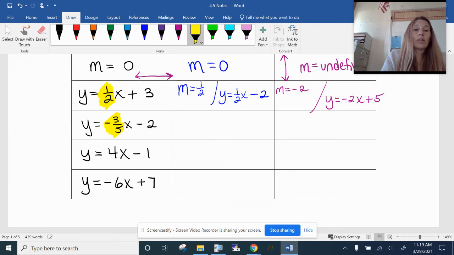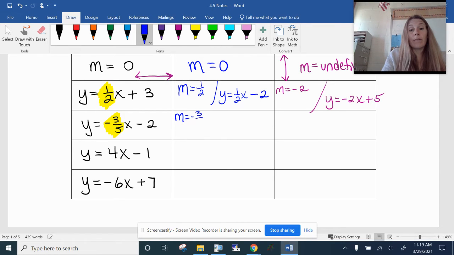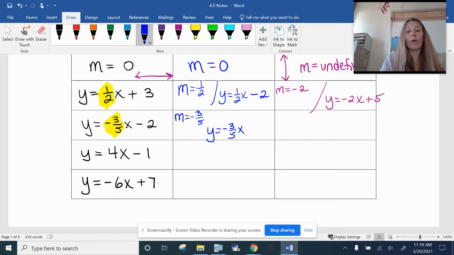So I'm going to write the equation of a line that is parallel to this one. So I know my slope is going to be this negative 3/5, and then my equation will be y equals negative 3/5 x, and then I can put any b value that I'd like, just as long as it's not the same as this original one here, and that would work.